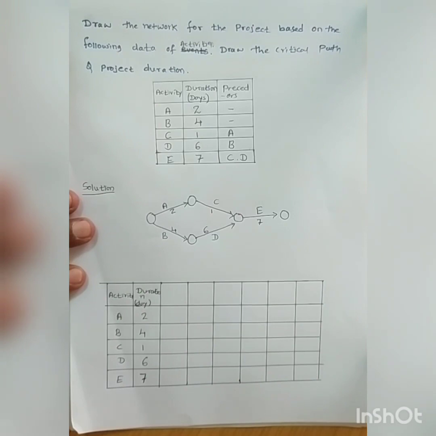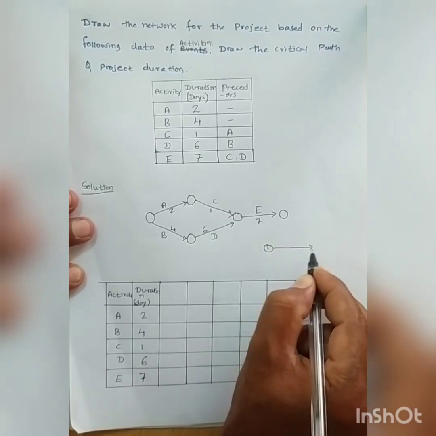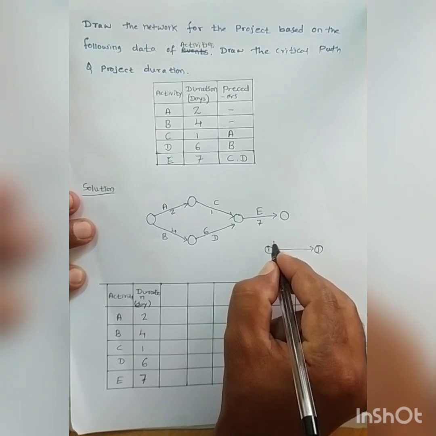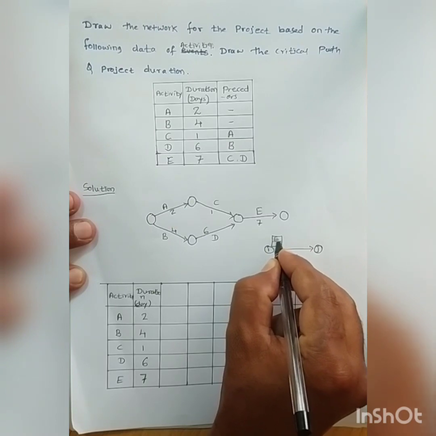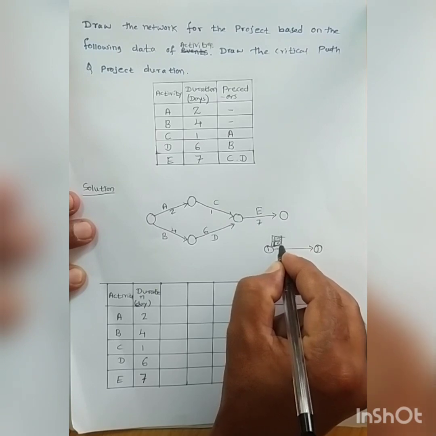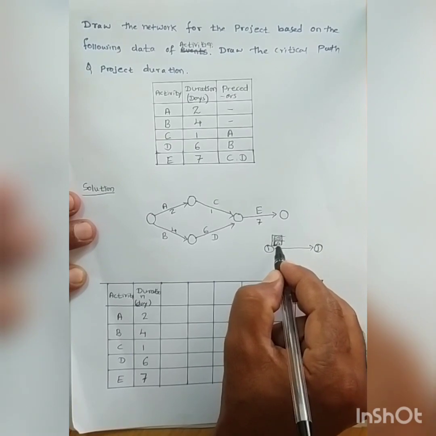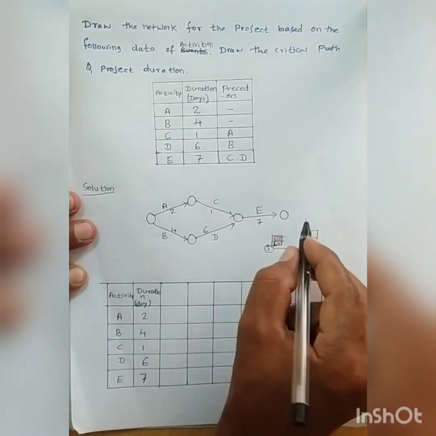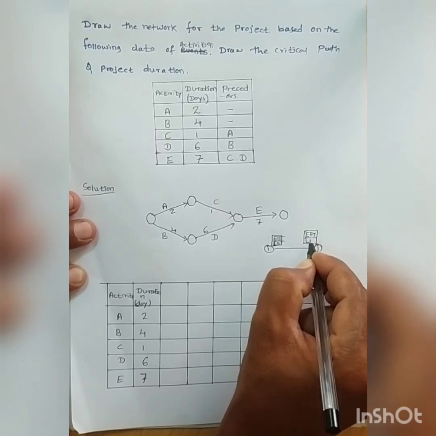For any activity, from event I to event J, I need to find two things in the box: the earliest start time and the latest start time, the earliest finish time and the latest finish time.